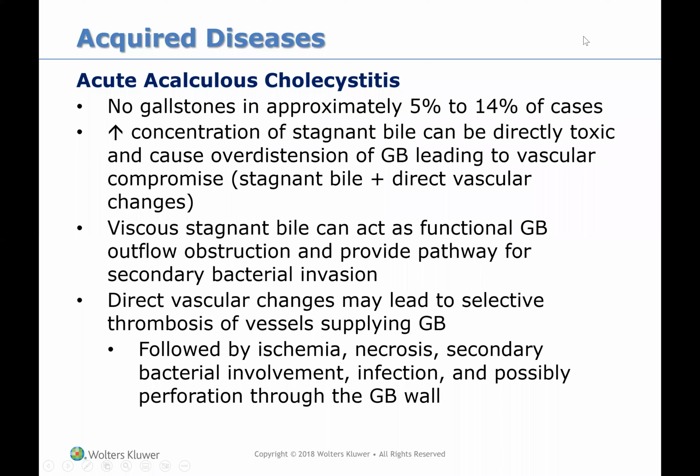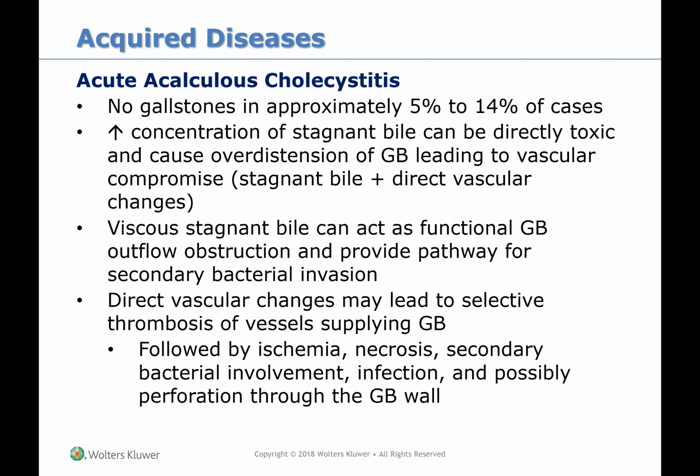Acute acalculous cholecystitis is when there's no gallstones, but there's still an infection within the gallbladder. It occurs in about 5 to 14% of cases. Increased concentration of stagnant bile can be directly toxic and cause overdistension of the gallbladder, leading to vascular compromise.